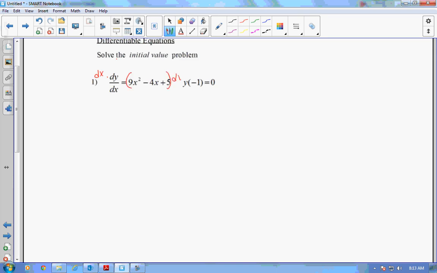Make sure you put that in a group. Okay, and then we'll integrate dy, and we'll integrate 9x squared minus 4x plus 5. Make sure that's in parentheses, dx. After we've integrated it, we're going to use y of -1 equals 0, the initial value, and plug that in to find c.